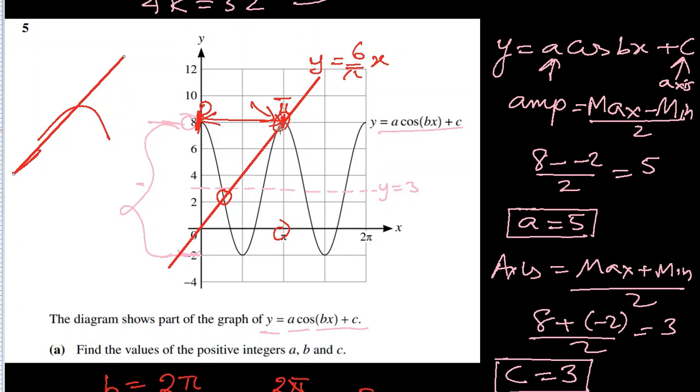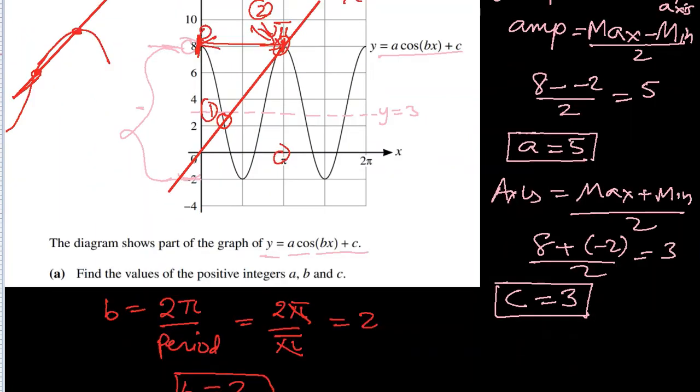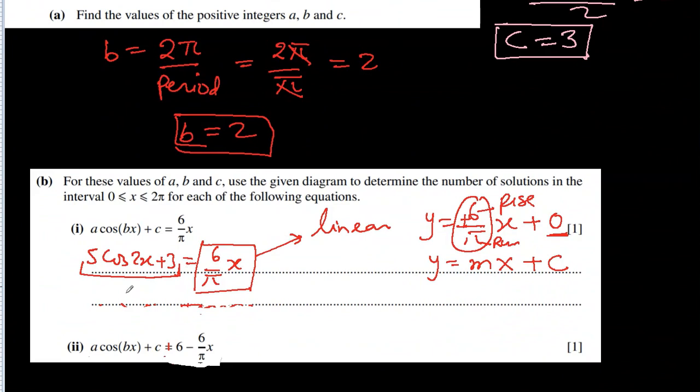Even though it is not visible, the magnified version will look like this. So it is actually crossing at 2 places, not 1 place here. So there is 1 place here and 2 places here. In total, there are 3 places where these 2 graphs intersect, and that's why we'll say it has 3 solutions.